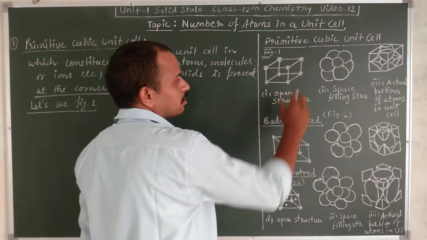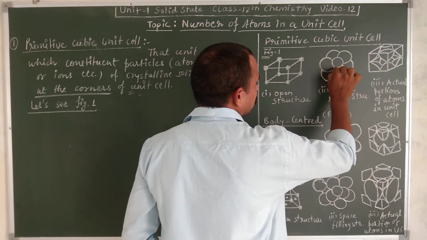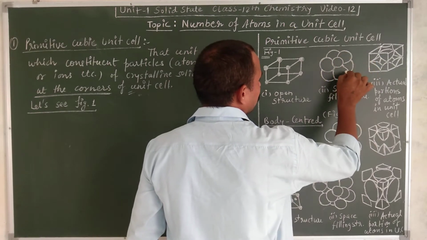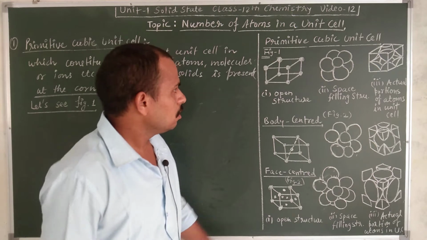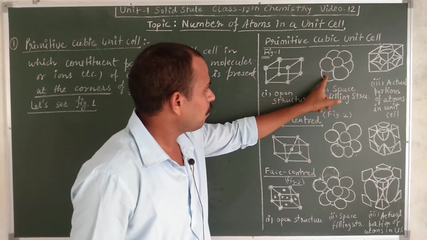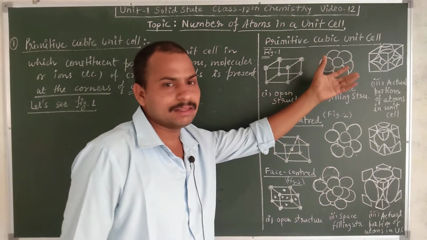In the space filling structure, these are the atoms, not the nucleus. One, two, three, 4, 5, 6, 7, and the last one is behind.